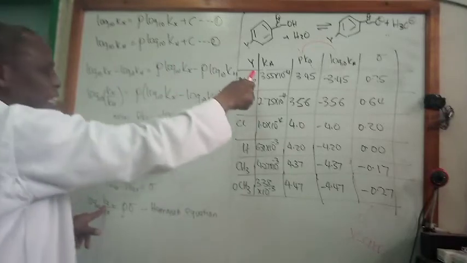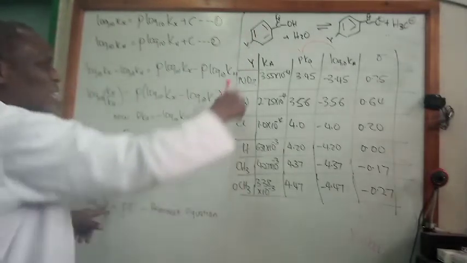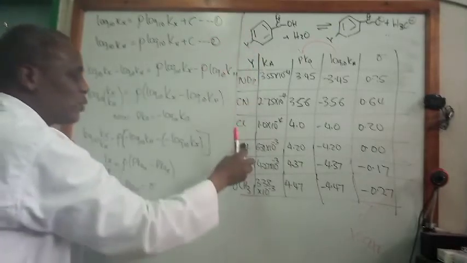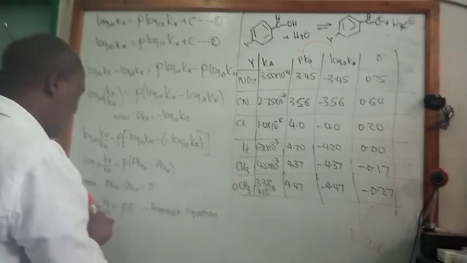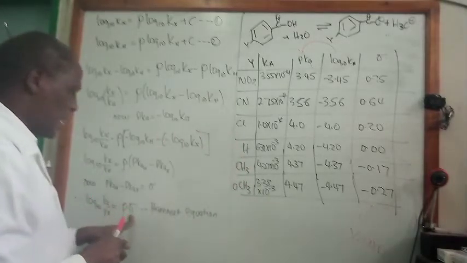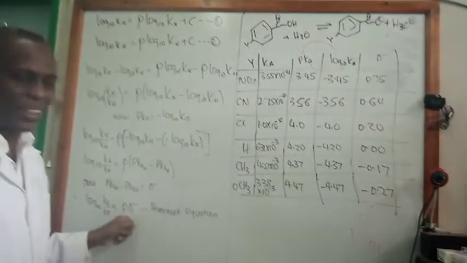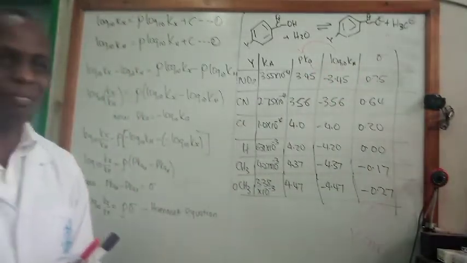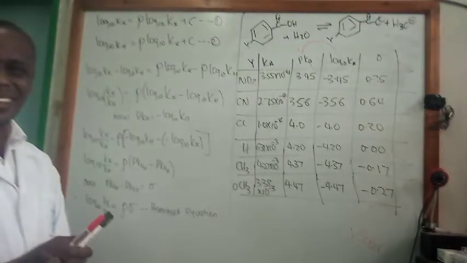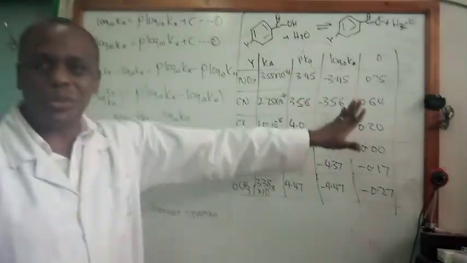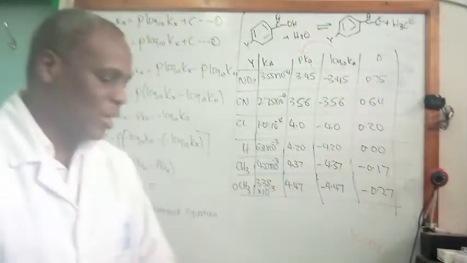For example, for the nitro group as it's attached to the benzene group, you put it relative to the rate constant where there is the benzoic acid, and then take the log base 10 of that one, and then plot against these sigma values, and then that will give us the what? The rho value as the gradient. Yeah. So you've been able to put this figure.